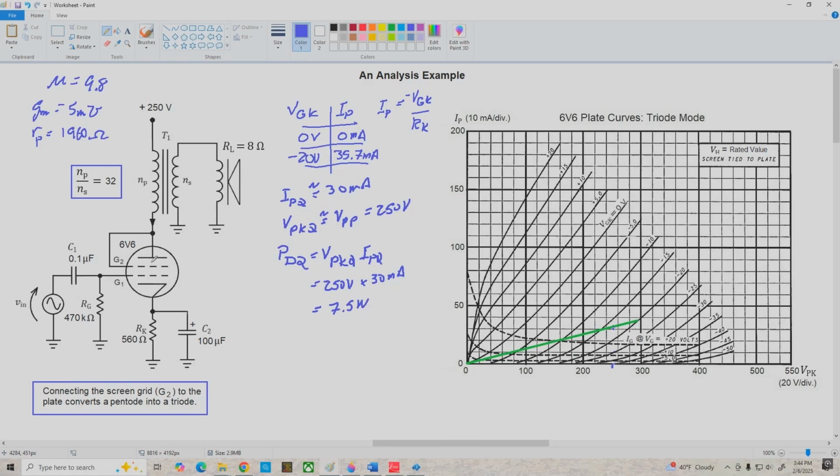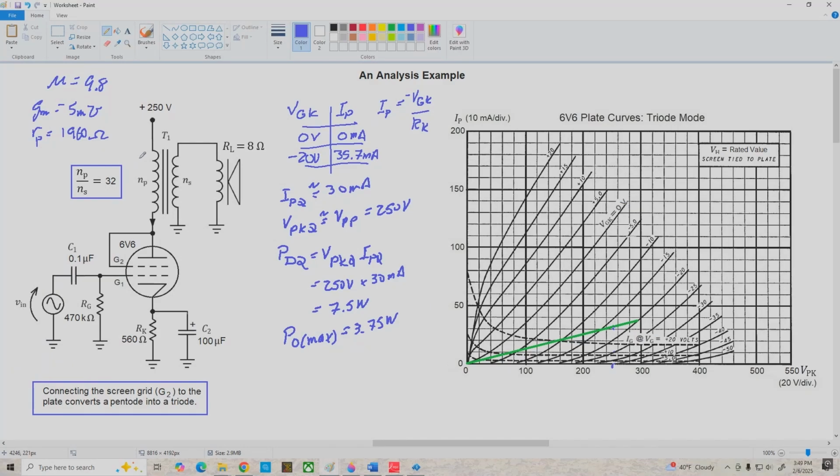Now remember, the maximum power that we can transfer to our load from this amplifier is half of PDQ, so the absolute maximum we could get out here is 7.5 watts divided by 2, and that's PO max theoretically, 3.75 watts. So whatever we get for the rest of our analysis, the power out is going to be a little bit less than 3.75 watts.